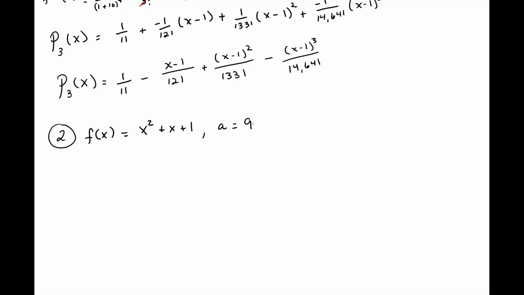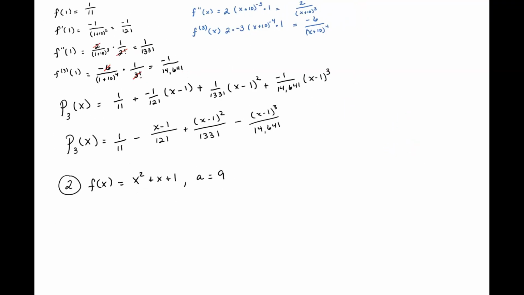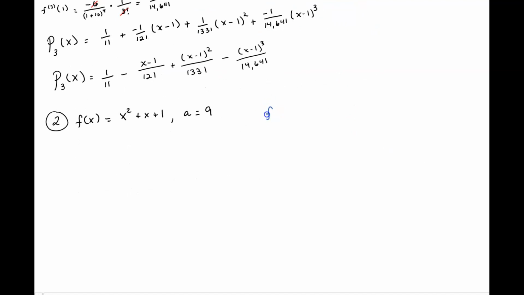Let me follow my convention here with blue. First I take the first derivative, f prime of x, and that's just 2x plus 1. Now I take my second derivative, f double prime of x, and that's just 2. Now I take my third order derivative, f triple prime of x, and I just have 0.